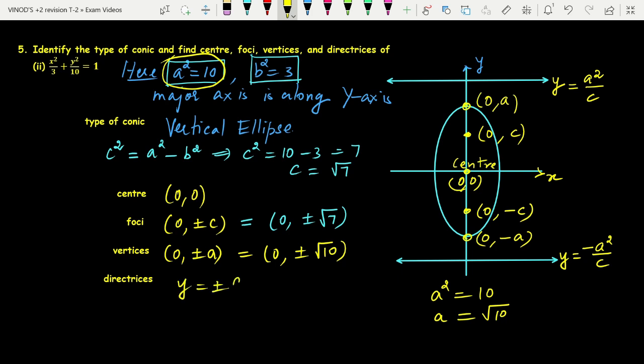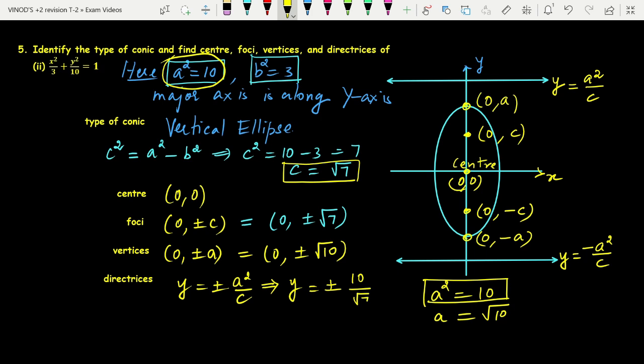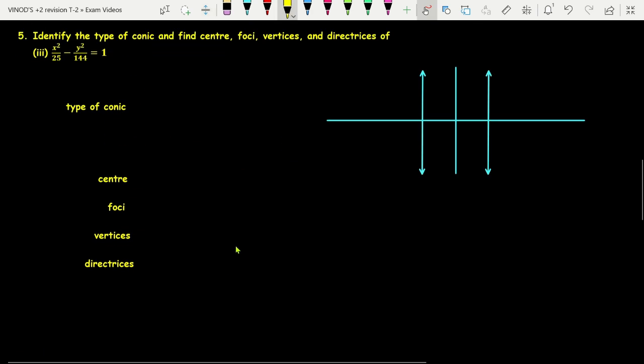So directrix equation is y is equal to plus or minus a square by c. A square is 10, c value is root 7. So equation of directrix, you can write as y is equal to plus or minus 10 by root 7.